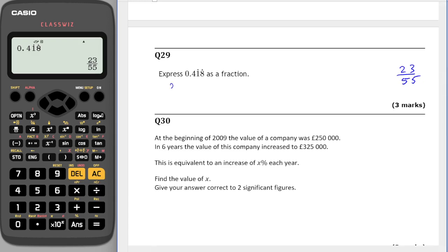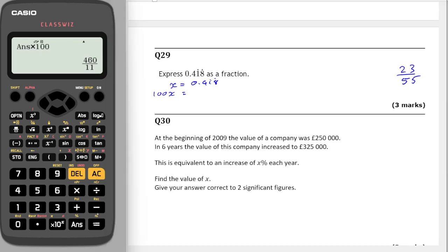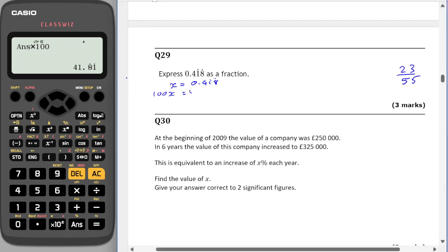If I was using algebra for it, I would have to say that x is equal to 0.418 recurring. I'd then say that 100x, so I'm multiplying it by something so that my decimal pattern repeats itself. If I times that by 100, you can see now I've got my repeating pattern happening, and my digits line up. So I've got 41.818, I'm putting the recurring there and there.